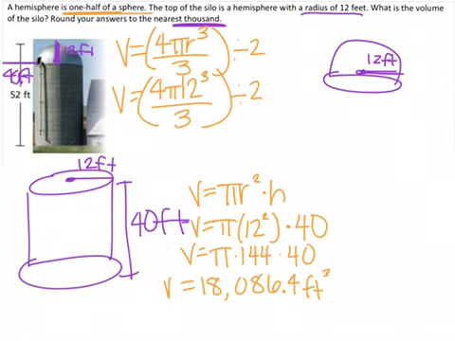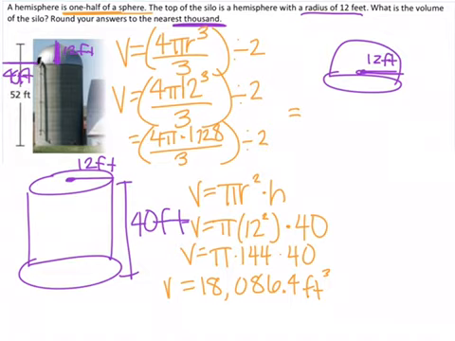So 12 cubed is 1,728 divided by 3. Okay, and then after you do all of that stuff, then you're going to divide by 2. So when I find the actual volume of that whole sphere, I'm going to do 4 times 3.14 times 1728, and then I'm going to divide it by 3.